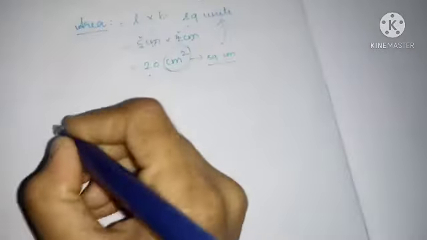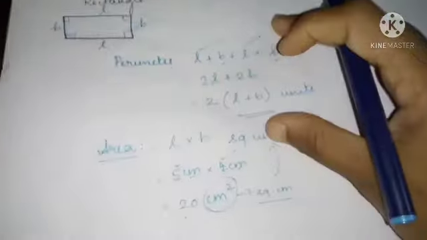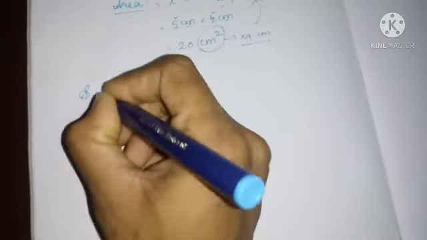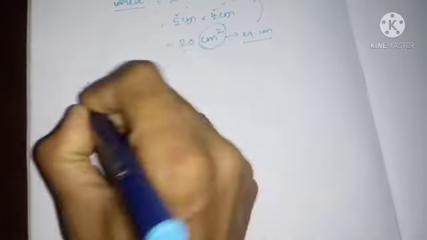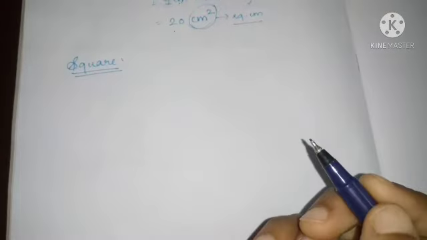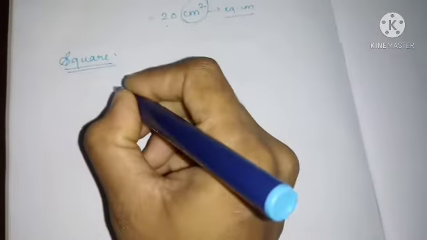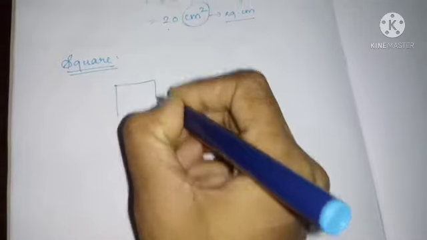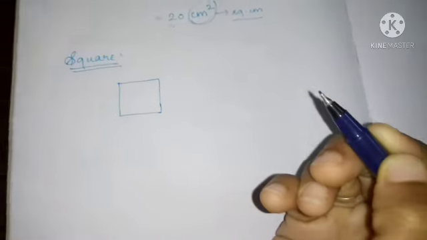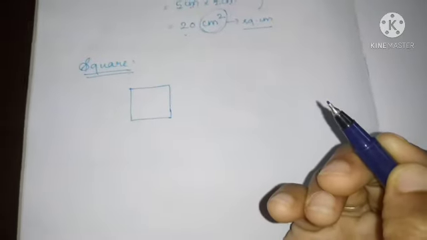Next, we have found the perimeter and area for rectangle. Next we are going to do it for square. What are the properties of a square, children? All the 4 sides are equal.